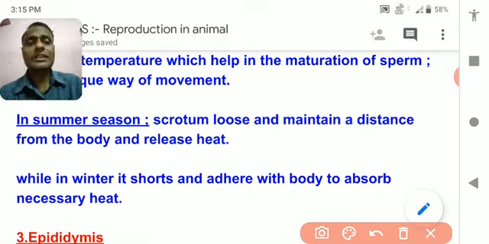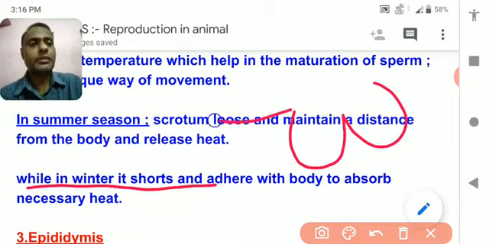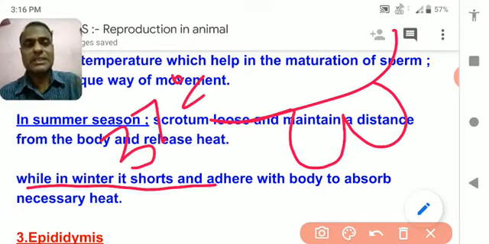Then how does it control in winter? In the winter season, it shortens, meaning it remains attached with the body, with the abdomen. Why? Because in winter the body temperature is obviously 37 degrees centigrade, but outside the temperature is very low.